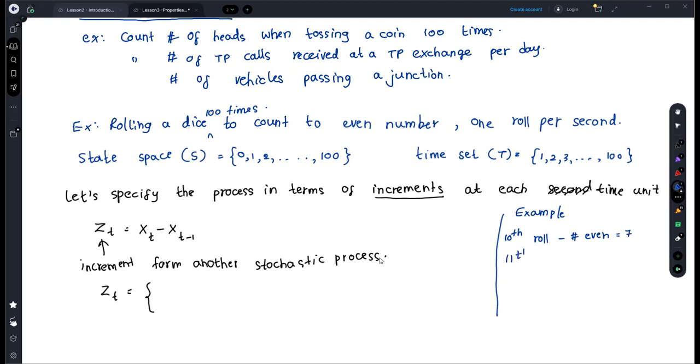Next roll is the 11th one. For the 11th roll, what are the possible values for the number of even values? If you get an even number, then your count will become 7 plus 1, 8, right?